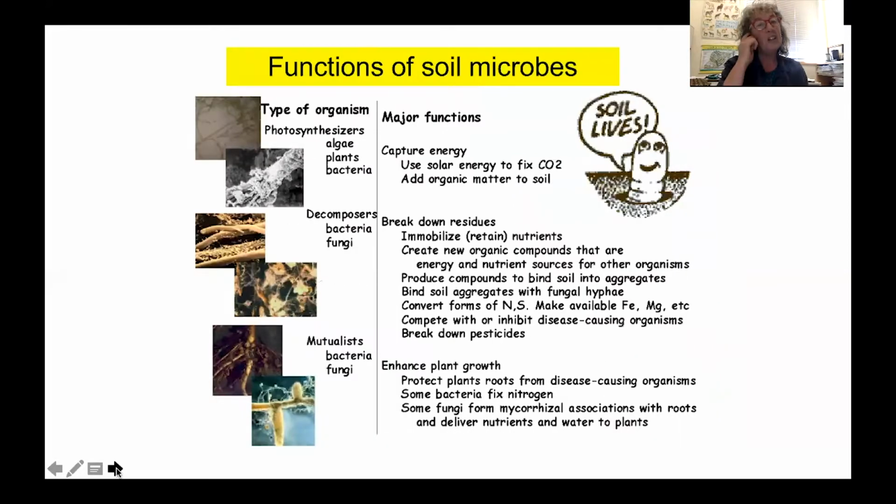Okay, and what are the functions of organisms, going back to this issue of who they are versus what they do? That's a big challenge in soil microbiology, linking who the actors are to what the functions are. So over here we've got photosynthesizing organisms that aren't going to be so important where plants can live.